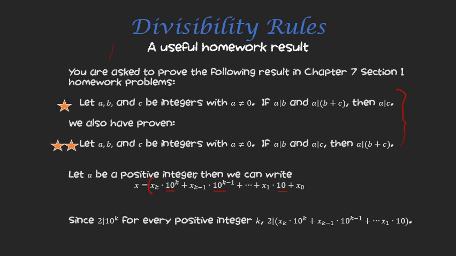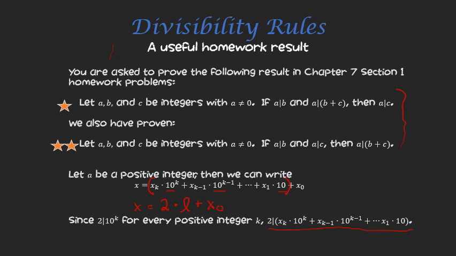If I group these together, then I can write this as 2 times some positive integer, call it L. So I could write x as 2L plus x naught, since that part is divisible by 2. That is, 2 divides that whole big sum, which is why I have it written as 2 times L.